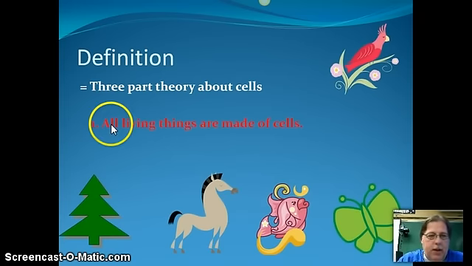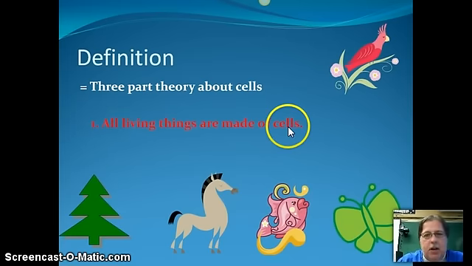The first one is that all living things are made up of cells. Everything that's living, or everything that used to be alive. You got to listen to me. Everything that was once alive is made up of cells. Has to be. Because by definition, all living things are made of cells. If it was never living, there are no cells to it.